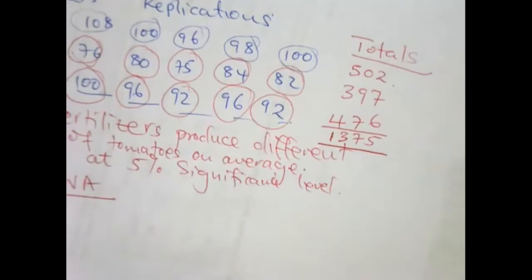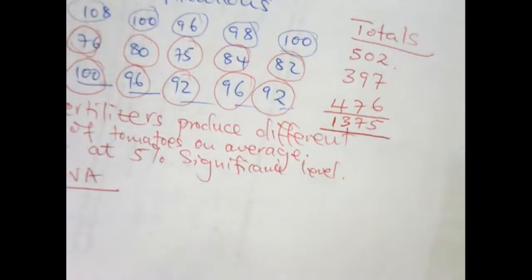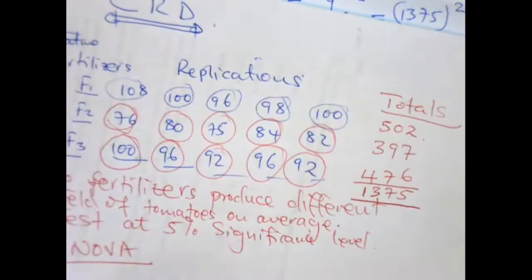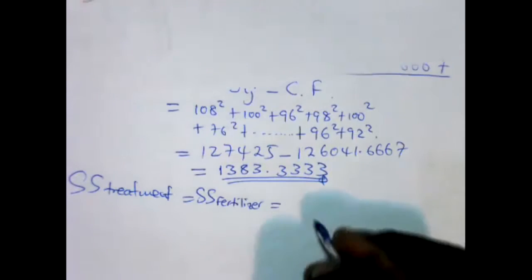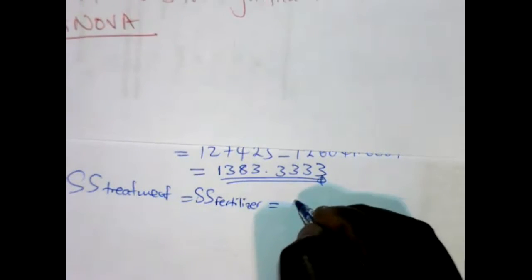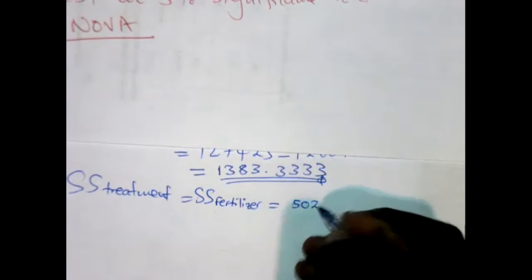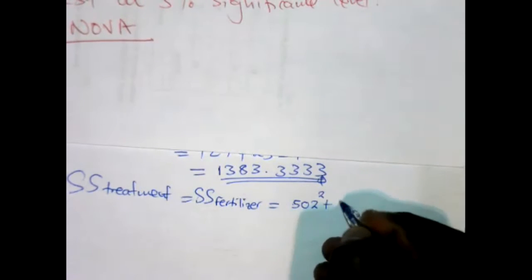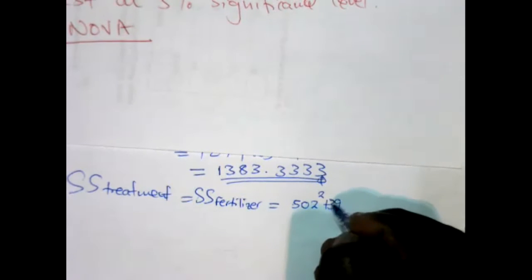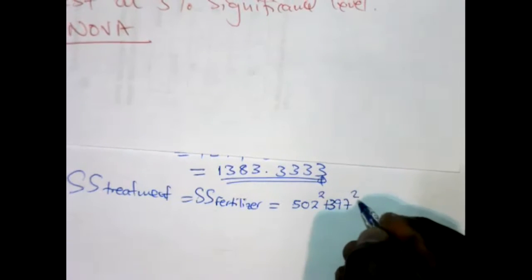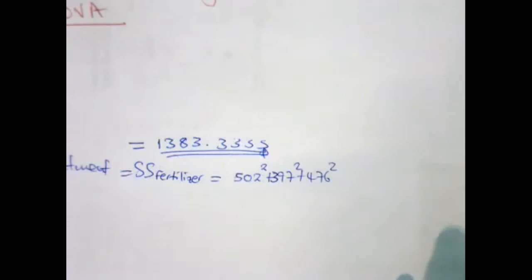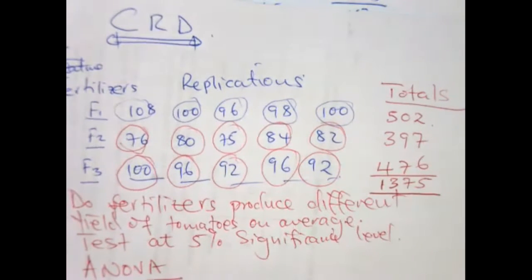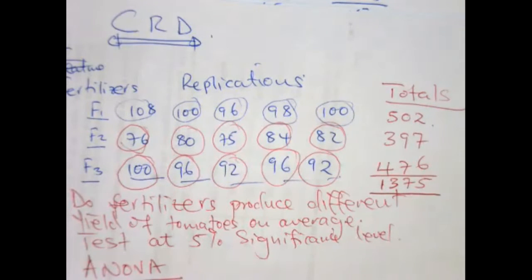So you would realize here that the totals for fertilizer are 502, 397, 476. So it will be 502 squared plus 397 squared plus 476 squared. But after adding this, I want you to be very careful here. We divide by the number of reps.